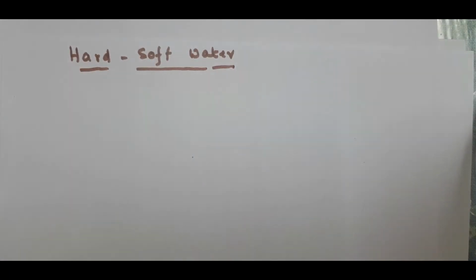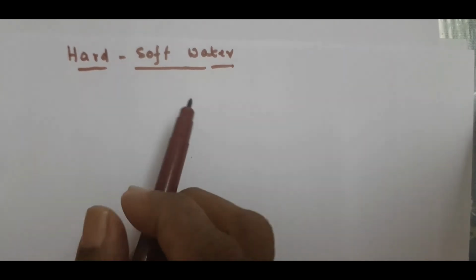In a simple way, soft water forms lather or foam when we take a bath or when it reacts with soap. Soft water gives foam or lather with soap, whereas hard water doesn't give lather. Lather means foam with the soap. That is the best example to differentiate between hard water and soft water.